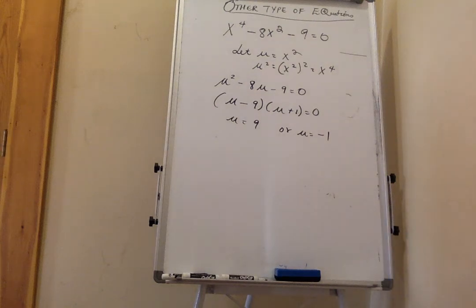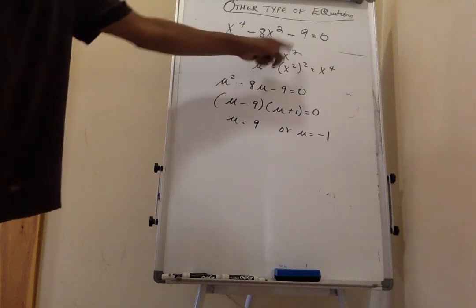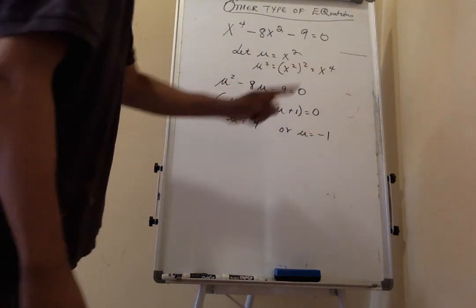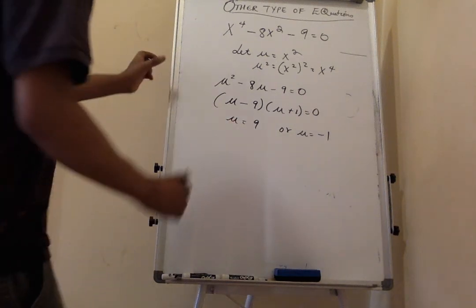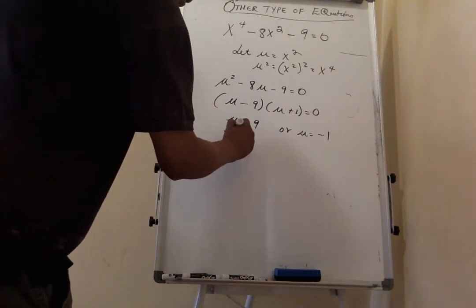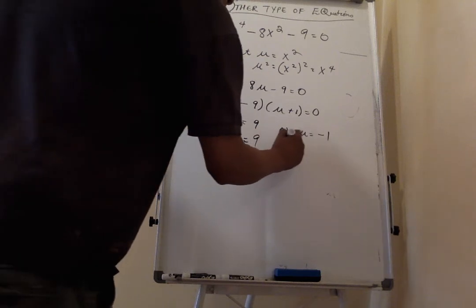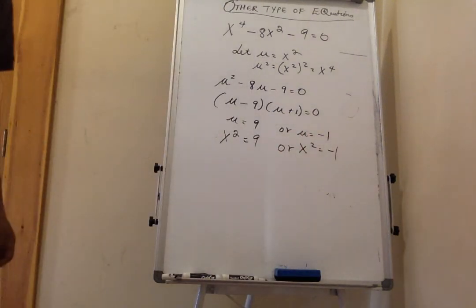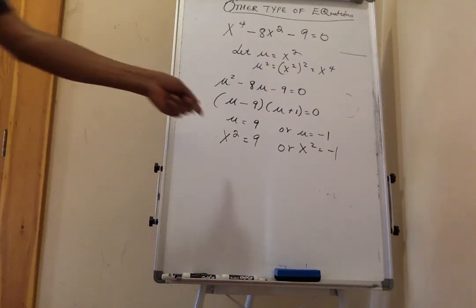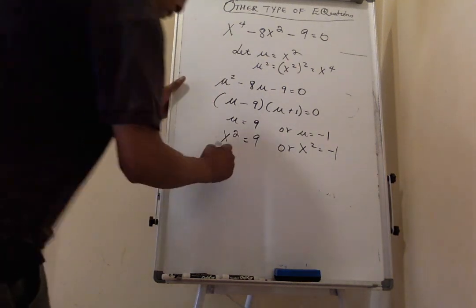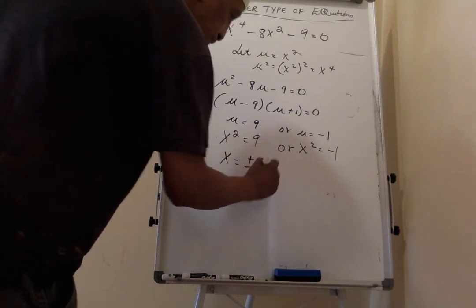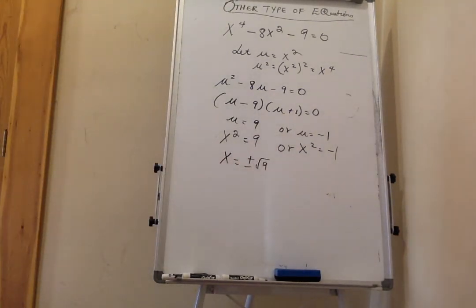Okay. Now, because u is x squared, instead of writing u, x squared is equal to 9, or x squared is equal to negative 1. If x squared is equal to 9, then x equals plus or minus the square root of 9, which is plus or minus 3.